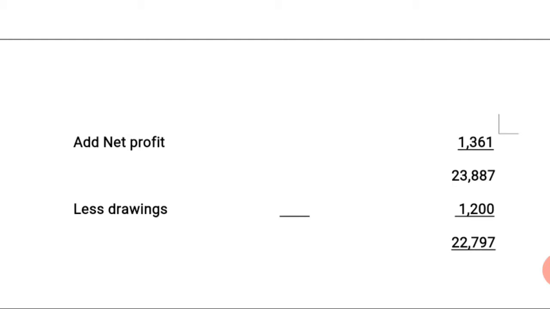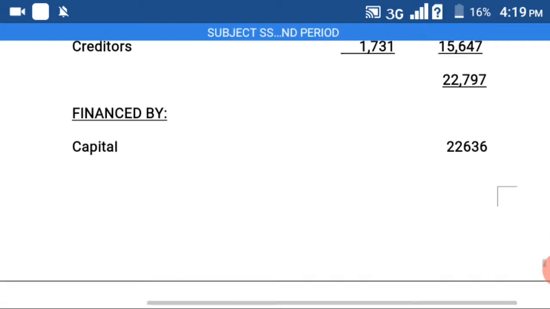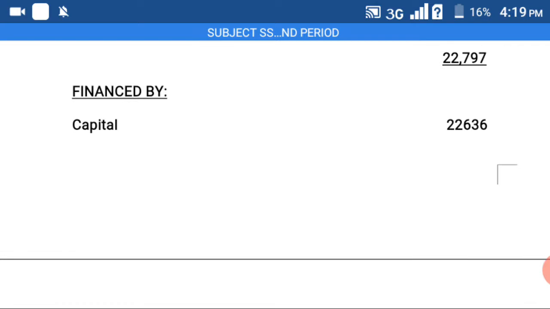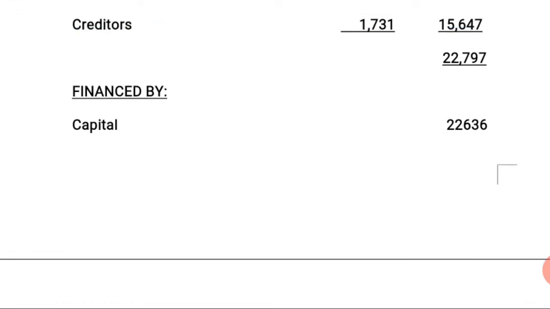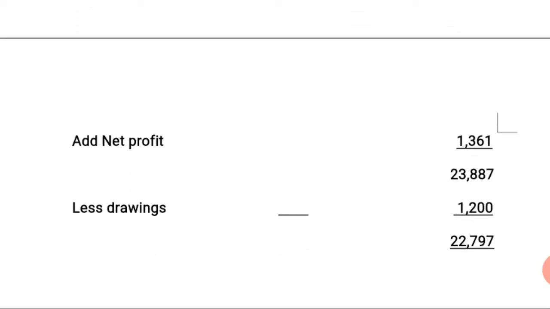Then you arrive at 22,797, which is equal to the total that we get from the asset side. 22,797 from the asset side, and finance by gave us also 22,797, which is the capital employed.